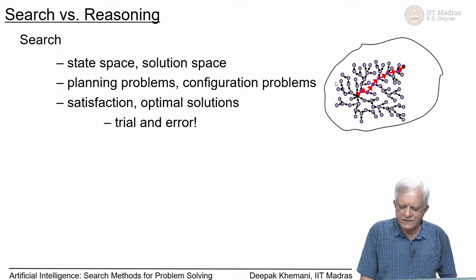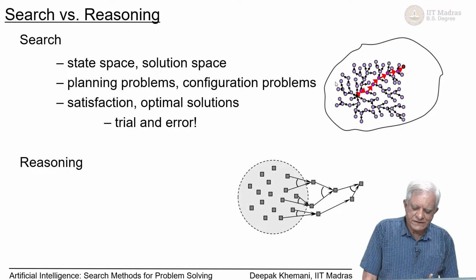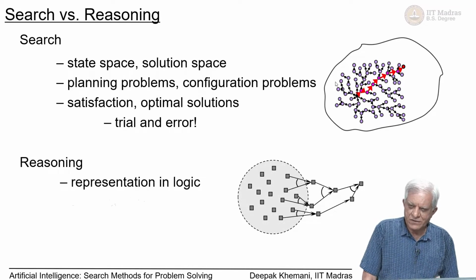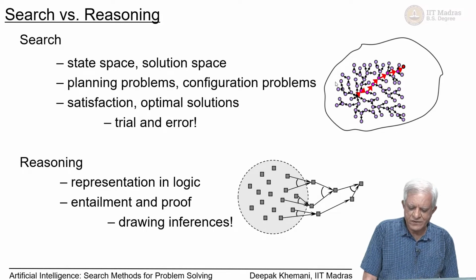And we said that we will solve these problems by searching, which means basically by trial and error. Then there is another aspect of problem solving, which is reasoning or logical deduction, in which there are notions of entailment and proof, and we draw inferences from what we know.